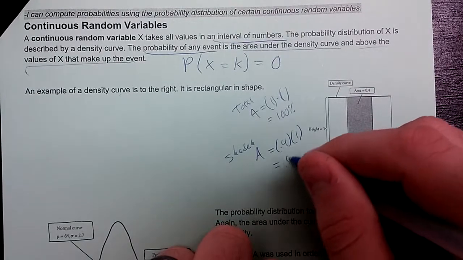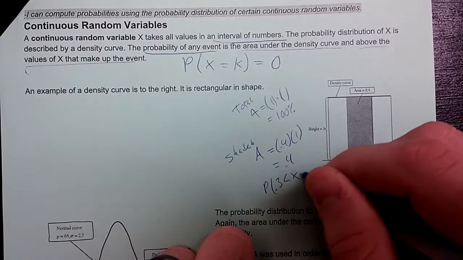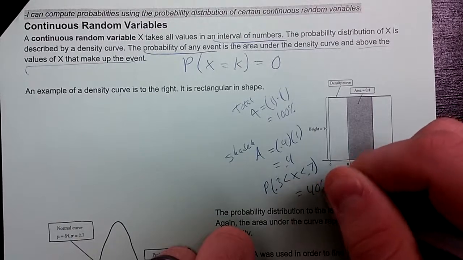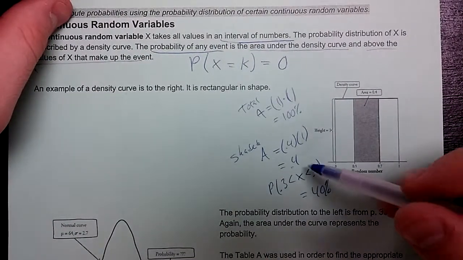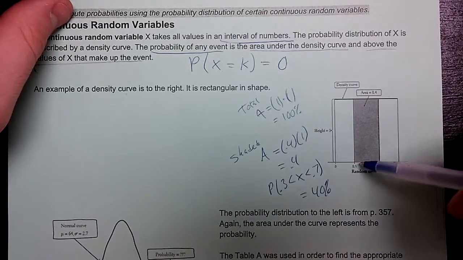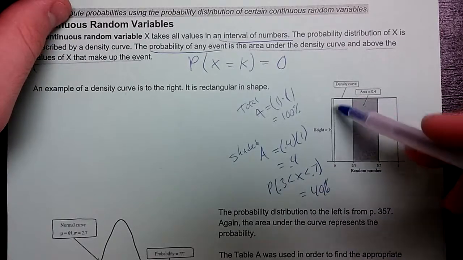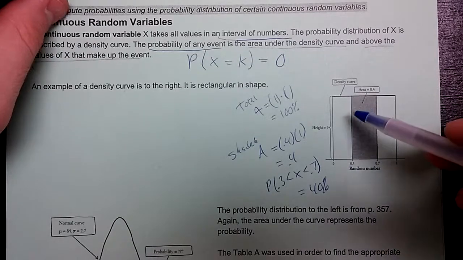The area is 0.4, which makes the probability from 0.3 to 0.7 equal to 40%. So the area of this rectangle is 0.4, so that means the probability of this interval of events, 0.3 to 0.7, is 40%.